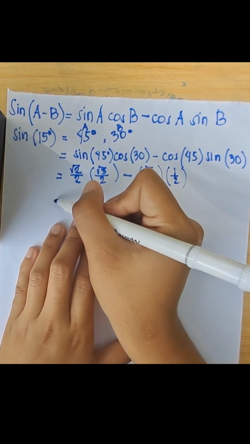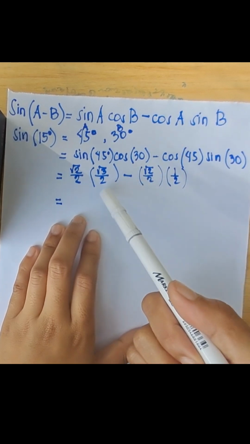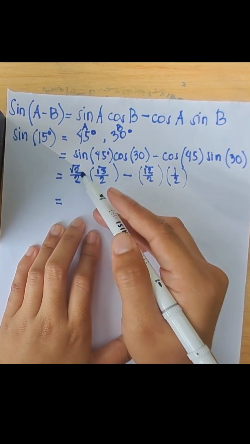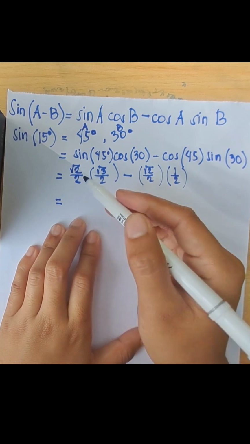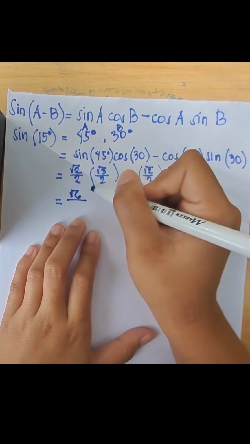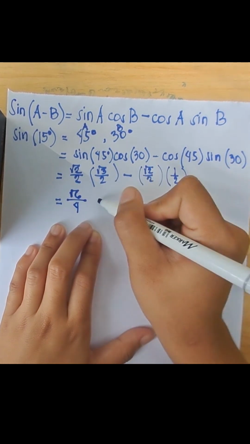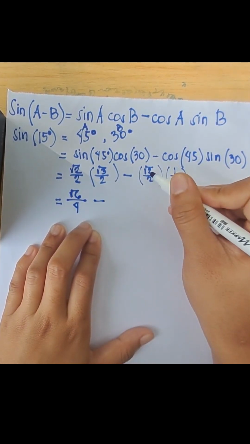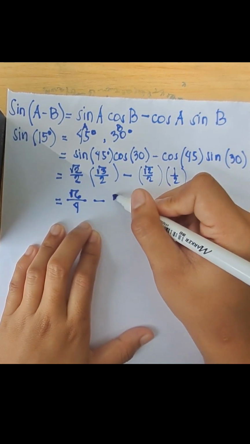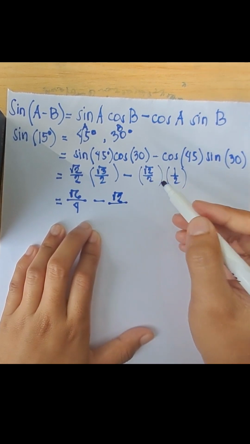So the fourth step is to multiply the two factors. So we have root 2 times root 3, which is root 6, over 2 times 2 is 4, minus root 2 times 1, so we have root 2 over 2 times 2.